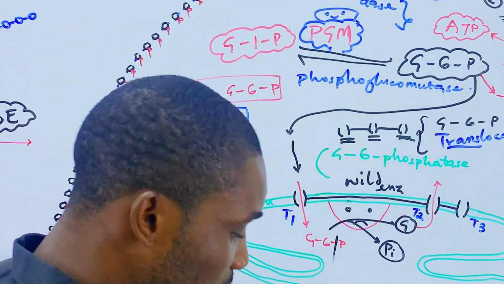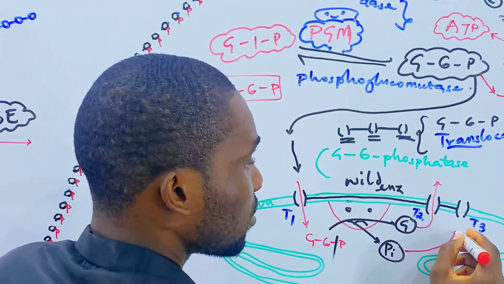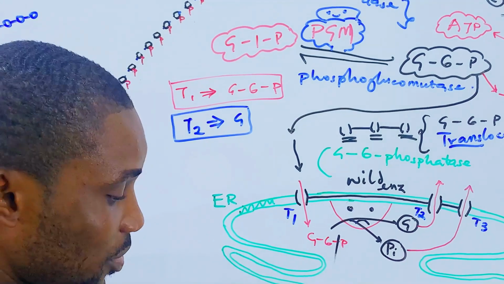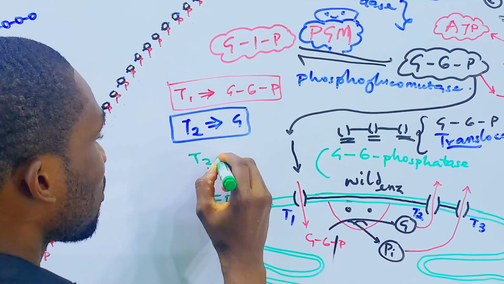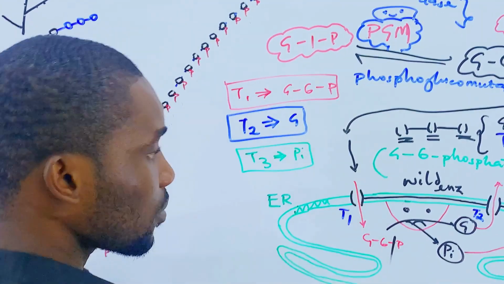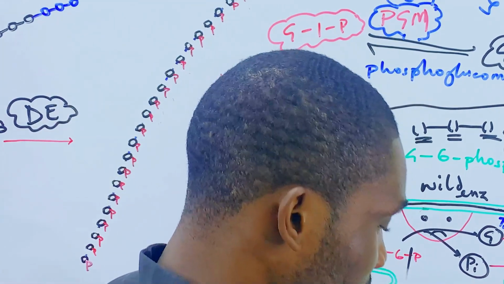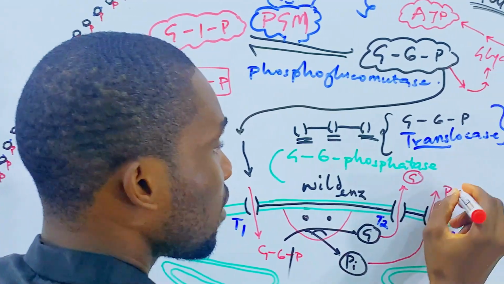And as you would expect, the phosphate will be transported through T3, right? So we have T3 for inorganic phosphates. So we have our glucose and inorganic phosphate.